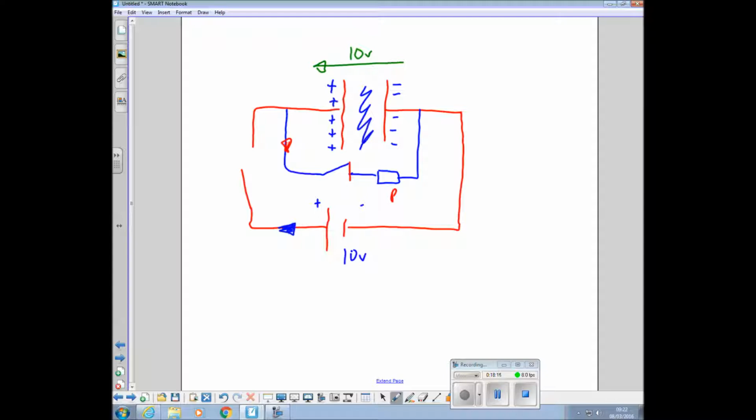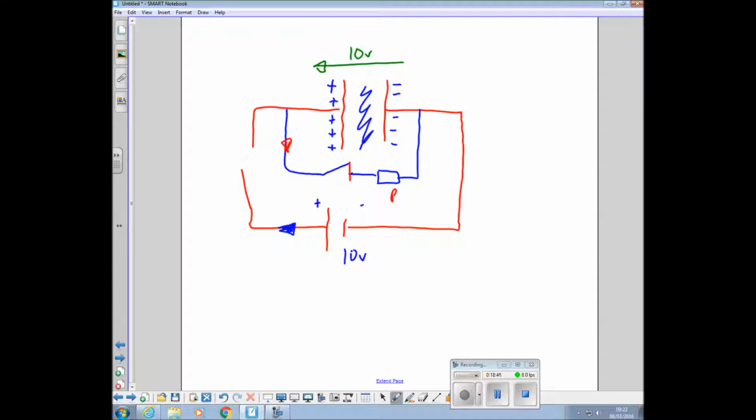So we charged it up with a current in that direction. We're going to discharge it with a current in the opposite direction. More about that process and exactly how that works next week, because that's half of the subject of your practical for your assignment, to use the discharge cycle of a capacitor to determine the value of that capacitor.